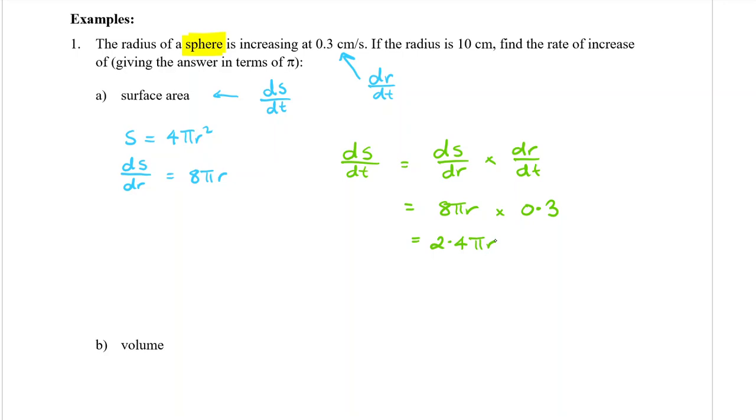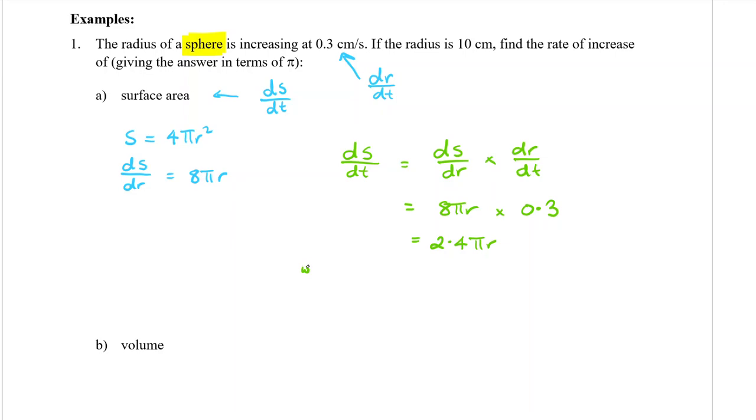There is one more little part that we haven't dealt with yet. We've found the rate of increase, but now it wants to know specifically when the radius was equal to 10. That is a general expression for the rate of change of the surface area over time. But if I want specifically when r, radius, is equal to 10, I'm going to sub that in for the last part.